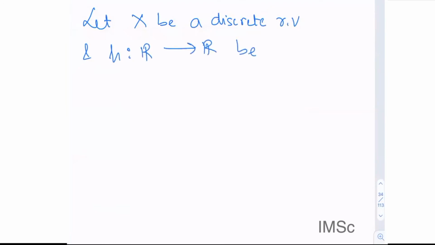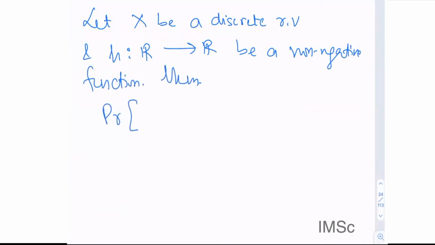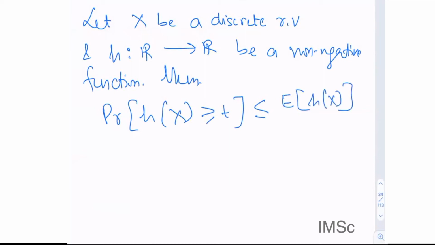Let X be a discrete random variable and h from R to R be a non-negative function. Then the probability that h of X is greater than or equal to t is less than or equal to the expectation of h of X divided by t. Do you see a proof for this?